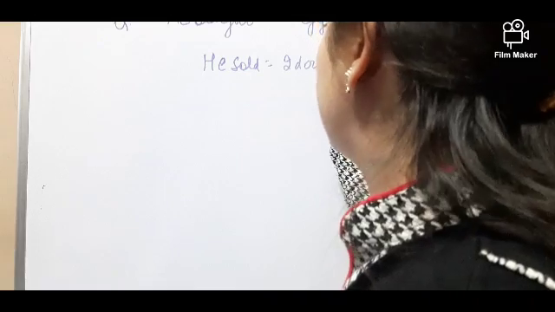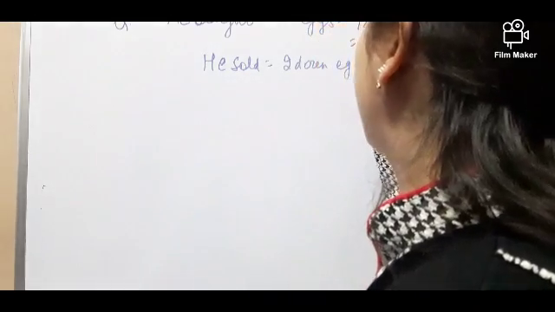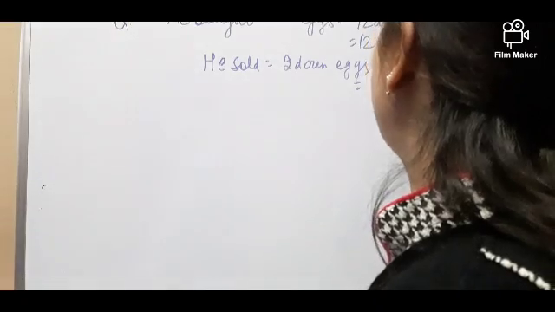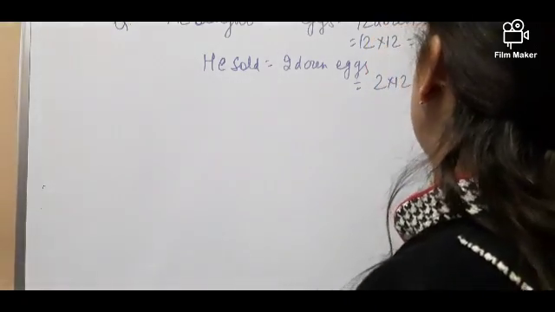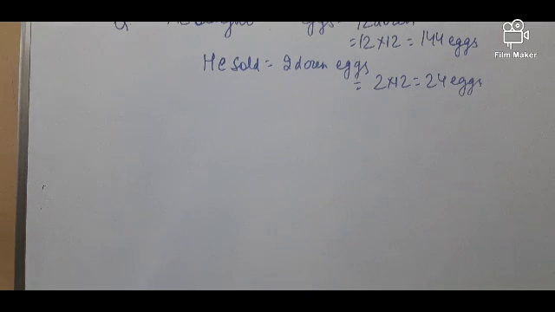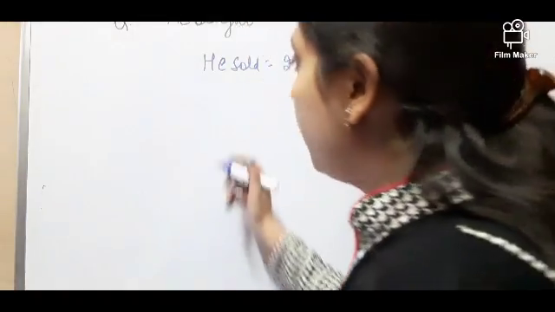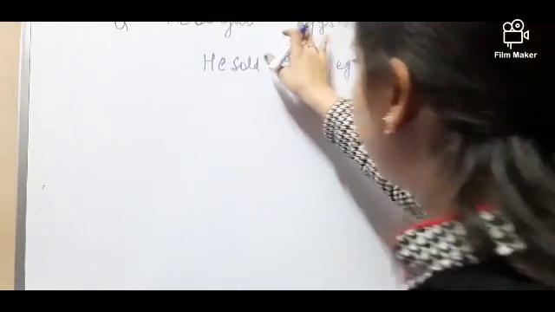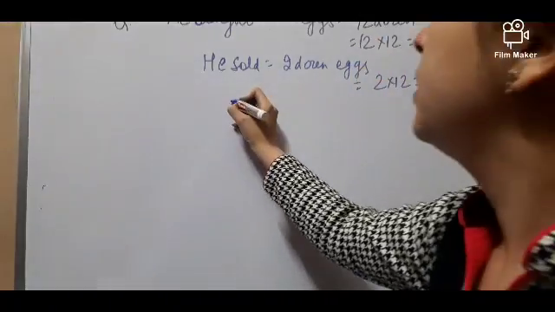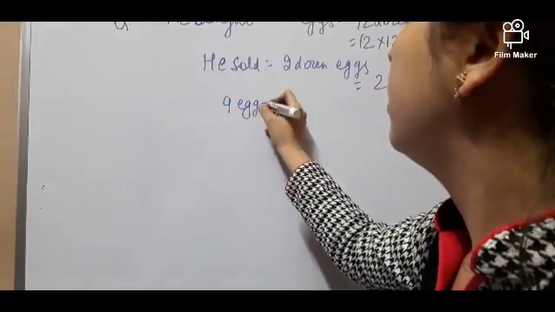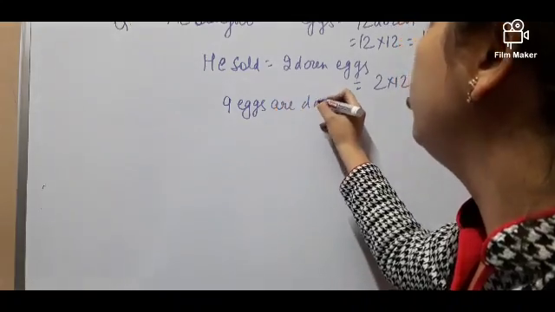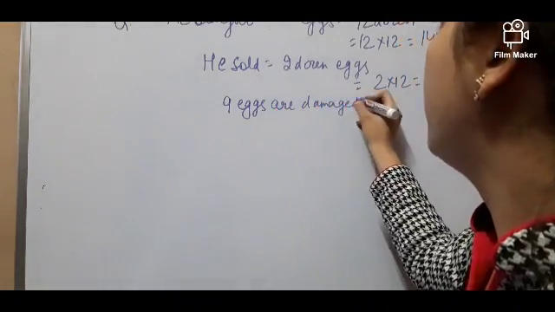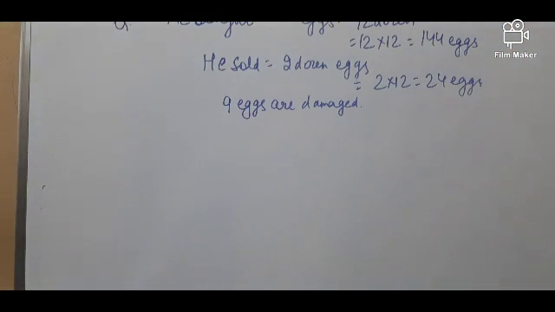2 dozen eggs. That means 2 times 12, that means 24 eggs. He sold 24 eggs, right? Then out of the 144 eggs, he found that 9 eggs are damaged. Then what did he do?